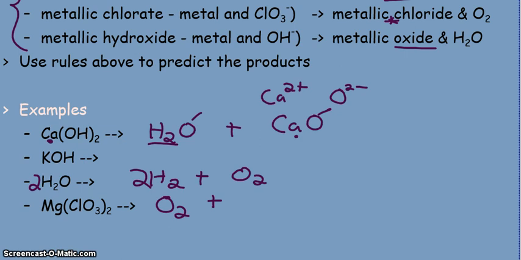So magnesium is a +2, and chlorine is a -1. So that tells us we are going to need an MgCl2 compound.